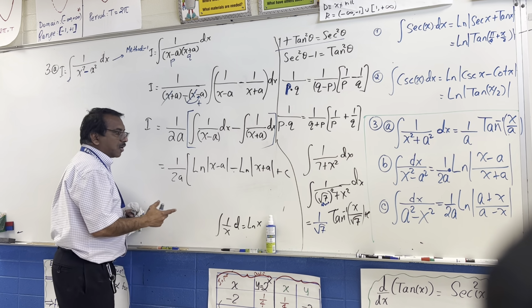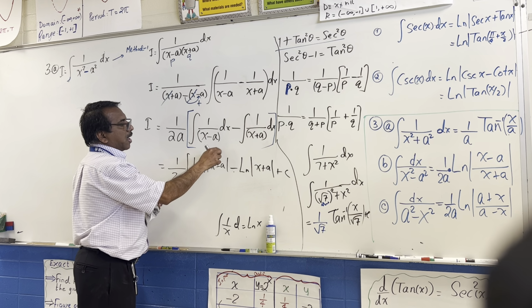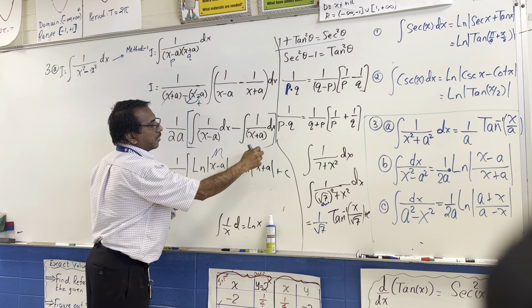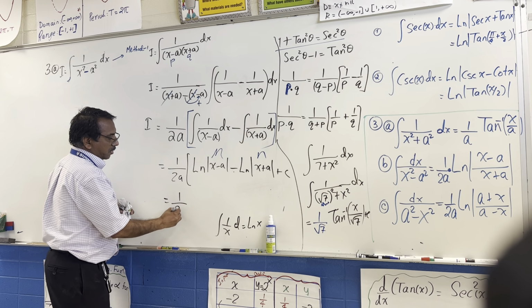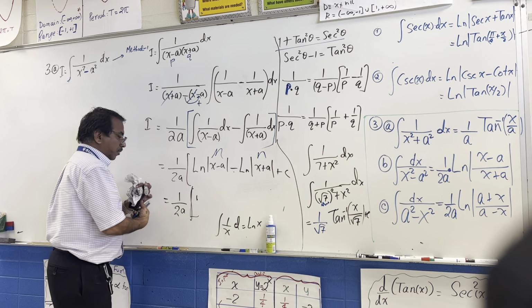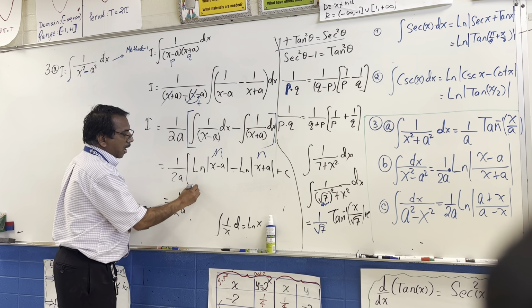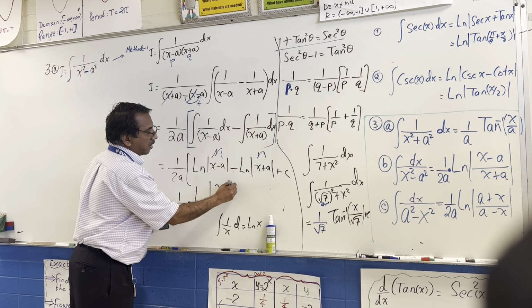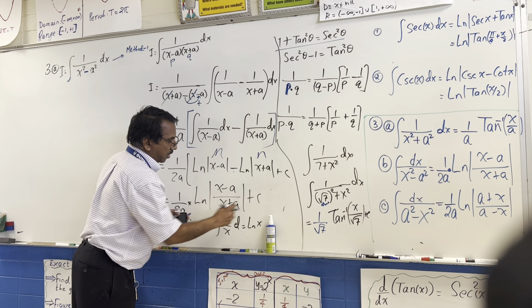Now by the laws of logarithms, ln of m minus ln of n, you just divide the two and you get the answer: 1 over 2a ln of x minus a over x plus a, plus c, and you're done.